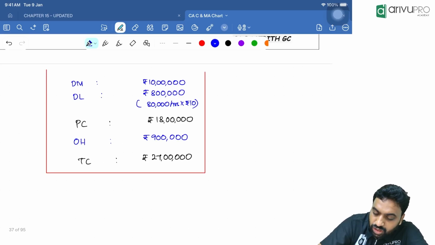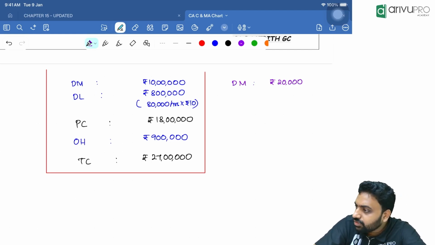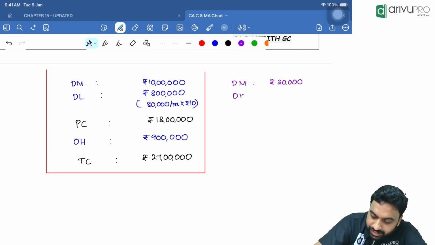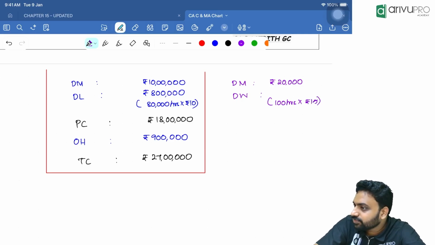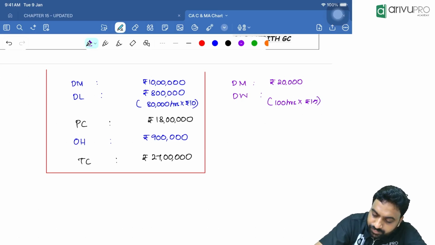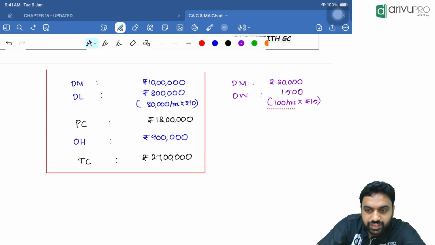For that particular job, direct material, guys, let's say it takes around 20,000. Direct wages, let's say it's taking around 100 hours, and actually we are paying them 15 rupees per hour, which is coming to 1,500.